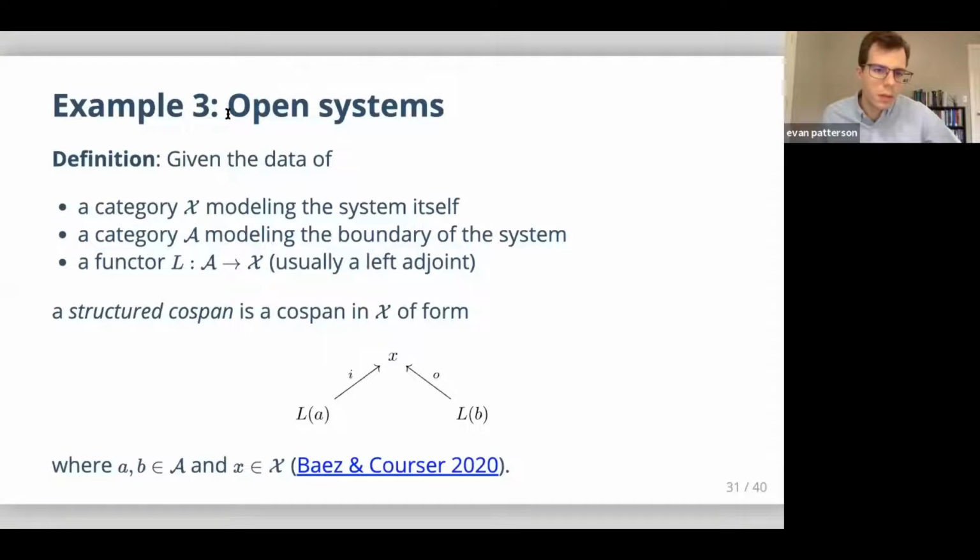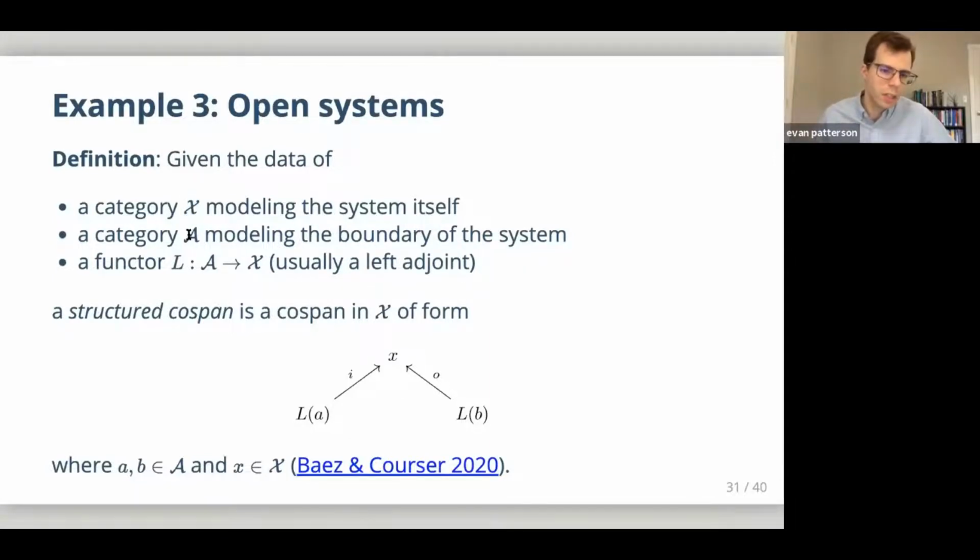Open systems can be modeled by a device called structured cospans, which were introduced by Baez and Courser, building on earlier work on decorated cospans by Brendan Fong. The data that you need in order to define a structured cospan is, first of all, some category X, which is supposed to model the system itself.